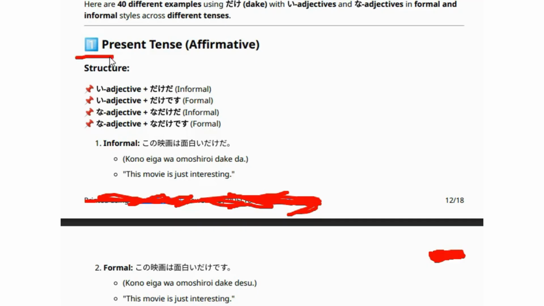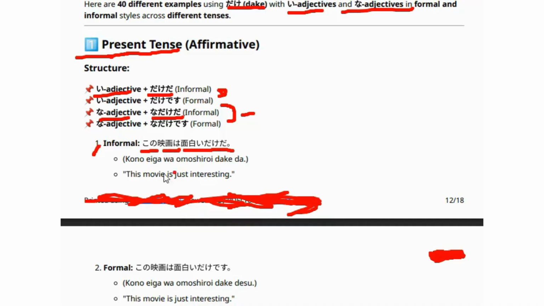So now let's see the sentences with dake, with I adjectives and na adjectives. The structure is adjective plus dake da, or na adjectives plus na dake da. In I adjective we don't have to add na, but in na adjective we have to add na before dake da. The first example is kono eiga wa omoshiroi dake da.